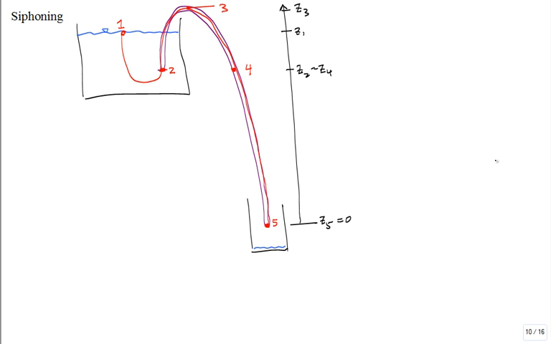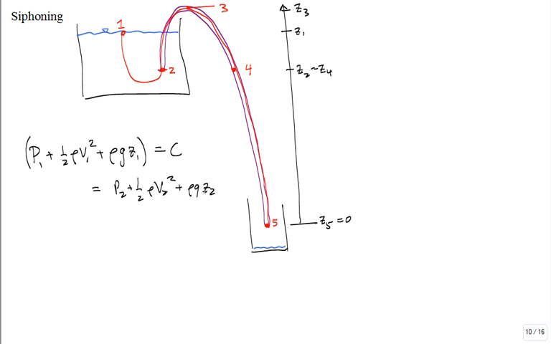So let's go ahead and apply Bernoulli's equation through this. And so we'll have the pressure at 1 plus 1/2 rho V1 squared plus rho g z1 is equal to a constant anywhere. So is that constant equal to the pressure at 2 plus 1/2 rho V2 squared plus rho g z2?